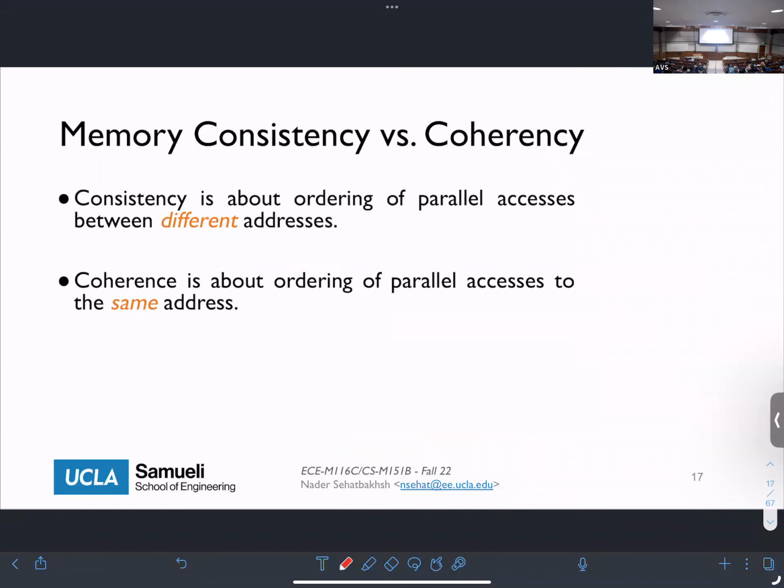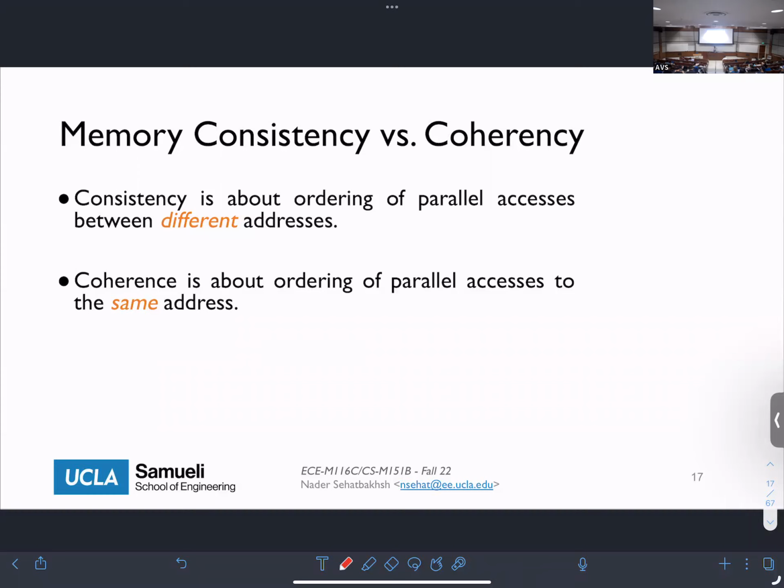And the consistency problem is different from the coherency problem. Remember, the coherency problem was for the same address, okay? When we had the same address in different private caches and tried to update the same address, we had the coherency problem. The consistency problem is about different addresses, okay?